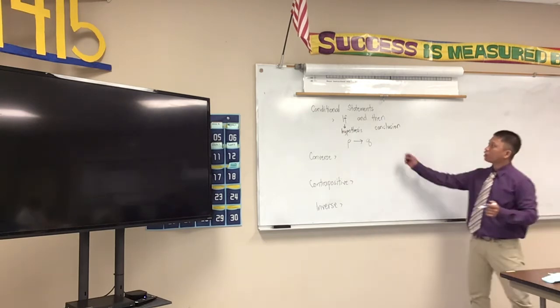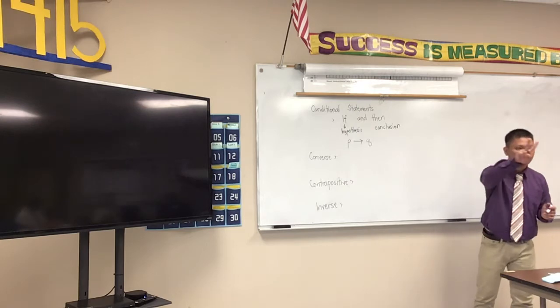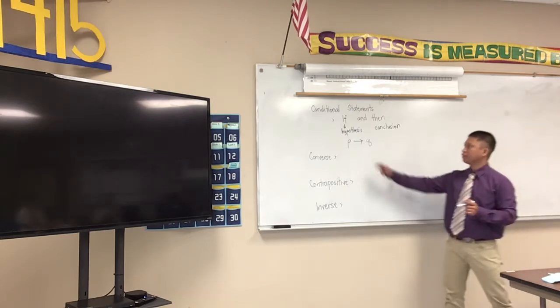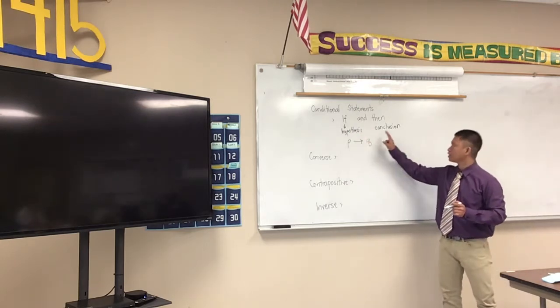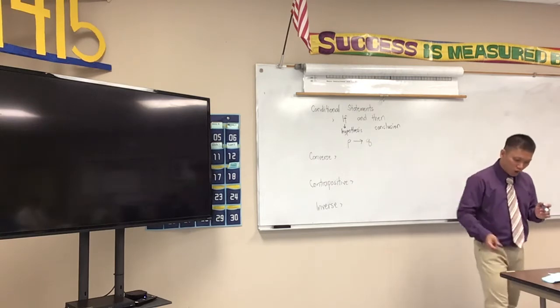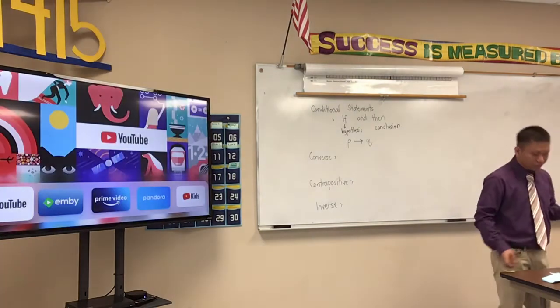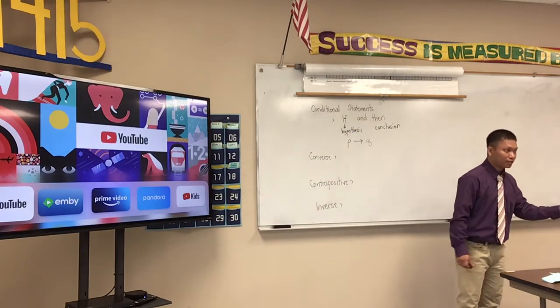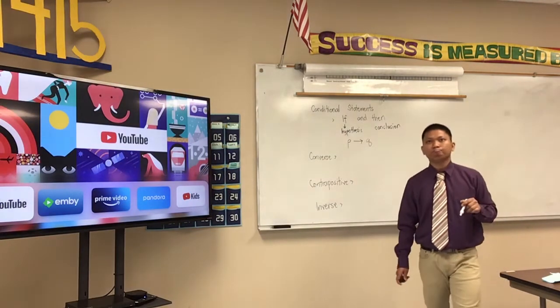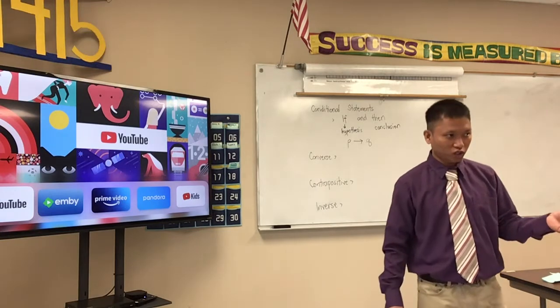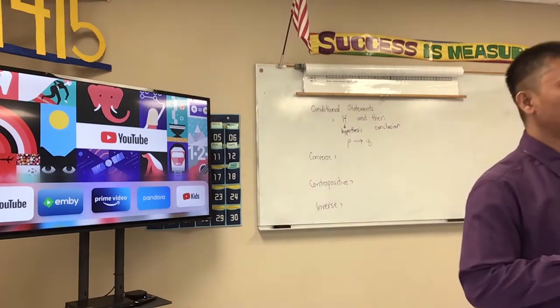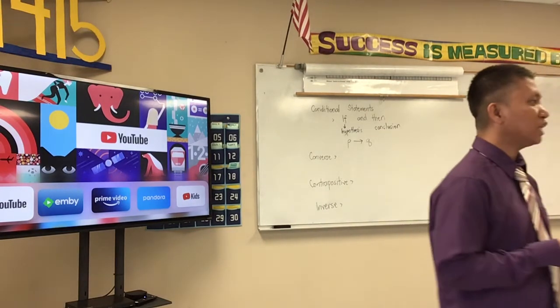Okay, so these are the parts of the statements. We have two parts: first, the hypothesis, and second, the conclusion. For example, if a polygon has 8 sides, then it is an octagon. Can you identify our hypothesis on that statement, Haley?